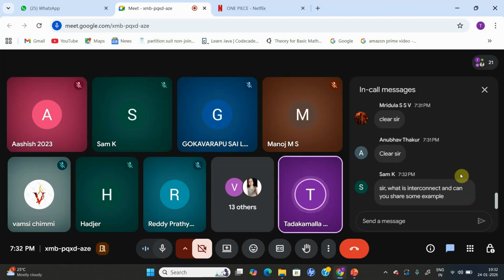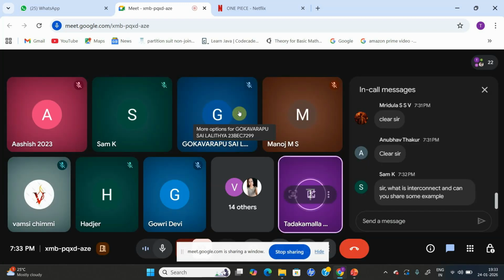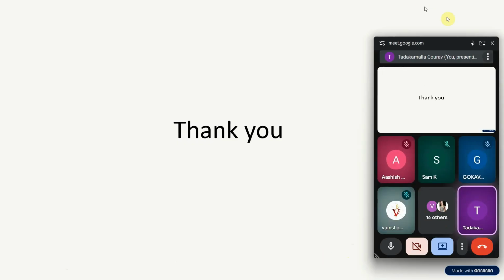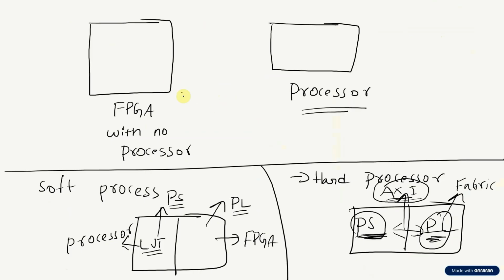Basically, on a single chip, we are going to have our processor and our FPGA, right? Let me share my screen. On a single chip, I'm having both my processor and my FPGA.